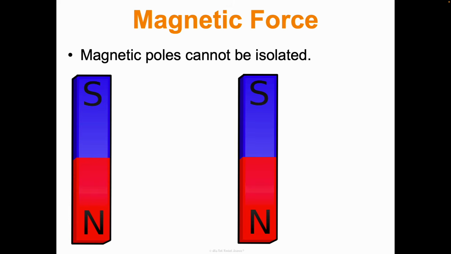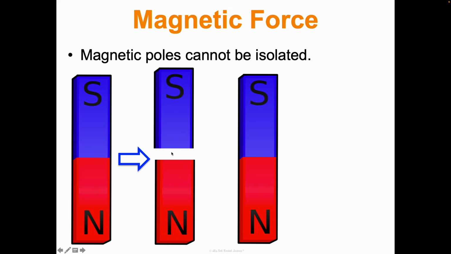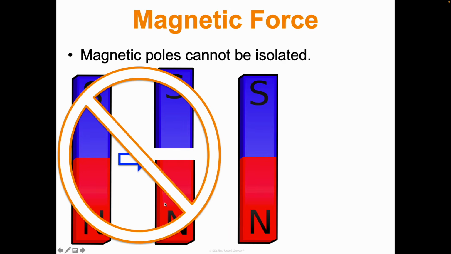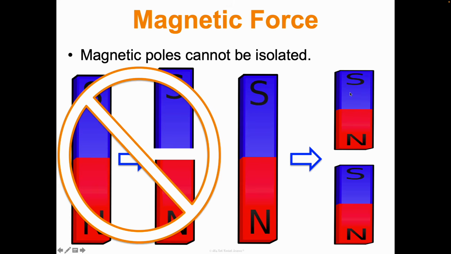So even if you try to take this bar magnet and cut it in half to have the south all together and the north, that won't happen. That's not how magnets work, because it has to do with the arrangement of the magnetic domains, which we'll talk about in a second. Instead, if you cut a bar magnet in half, now you have two bar magnets that are still oriented with north and south poles, okay?